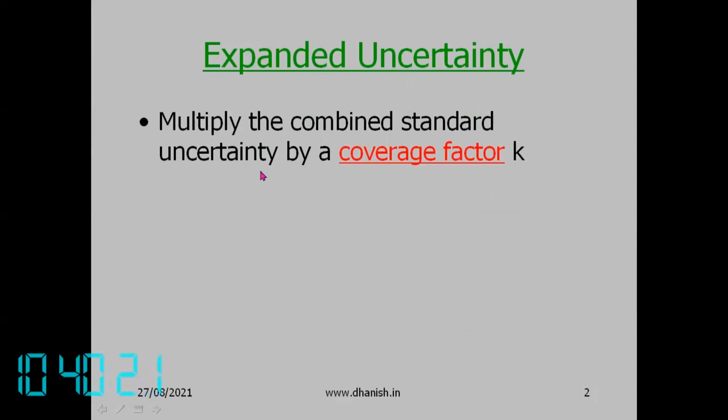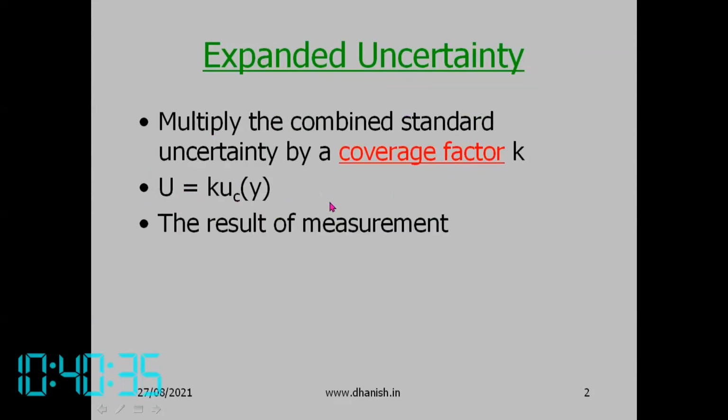So you multiply the combined standard uncertainty by some coverage factor k to get the expanded uncertainty. So expanded uncertainty capital U is equal to k times the combined standard uncertainty of y. So the result of a measurement, suppose it is capital Y, then we express the result as y plus or minus capital U. So capital Y is the measurand, the variable measurand.